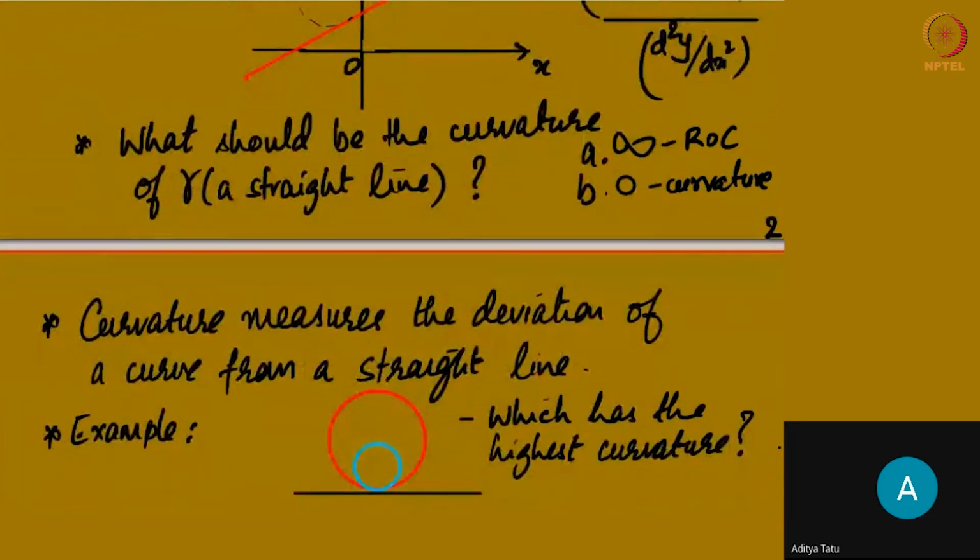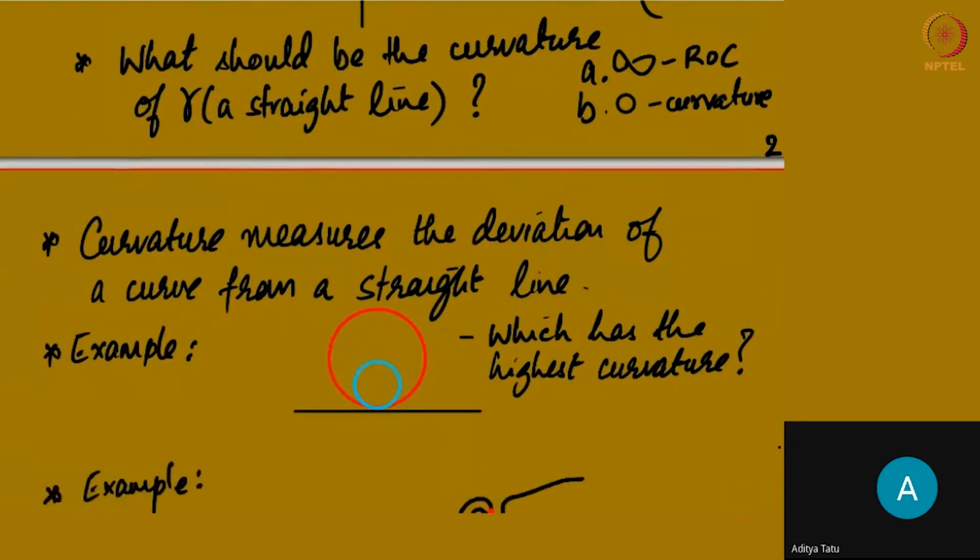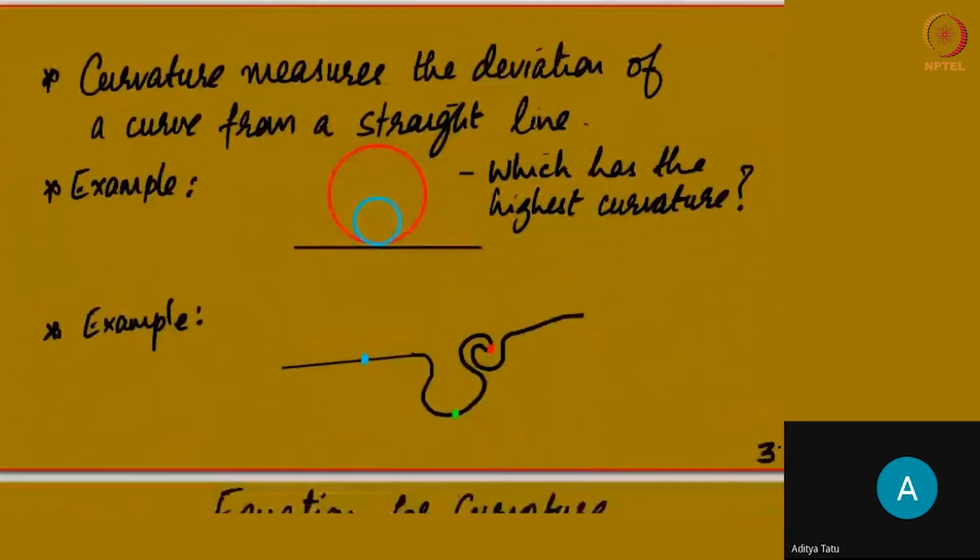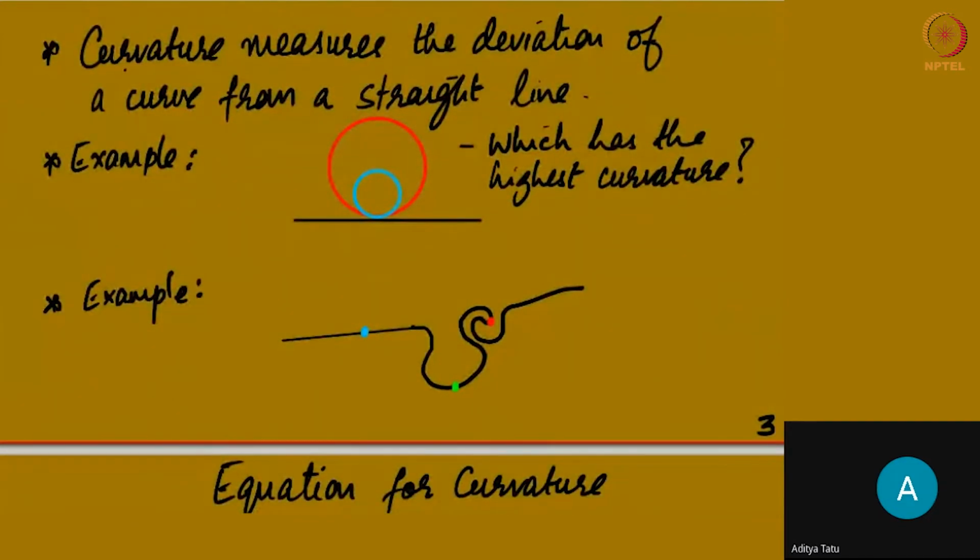Based on this intuition, I can define curvature as a measure of how the given curve deviates from being a straight line. Again, let's take examples of 3 curves. One is black, the other 2 are circles, of course of different radius.